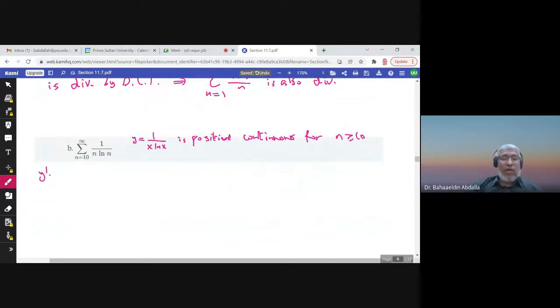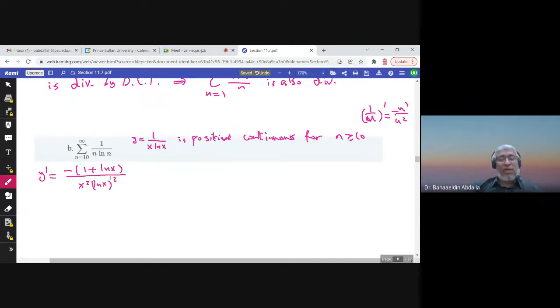So if you find y prime here using whatever you like, the quotient rule or the rule with derivative of 1 over u, negative u prime over u squared, you can use this formula to find that the derivative is negative 1 plus ln x over x squared ln x all squared.